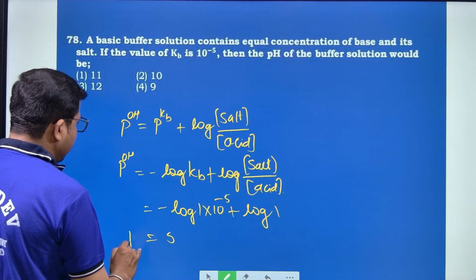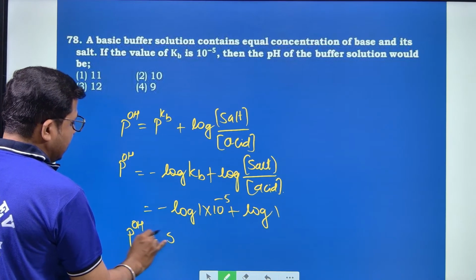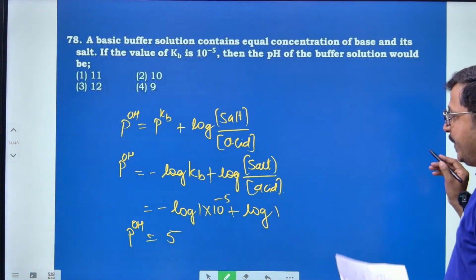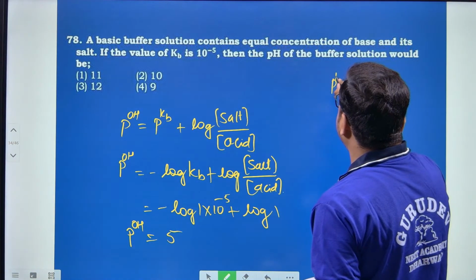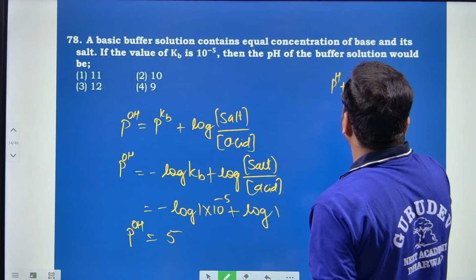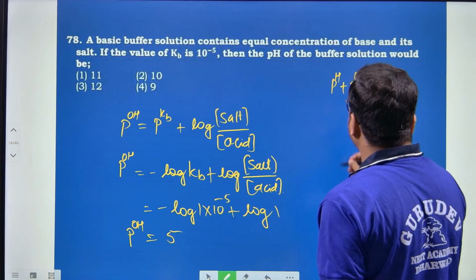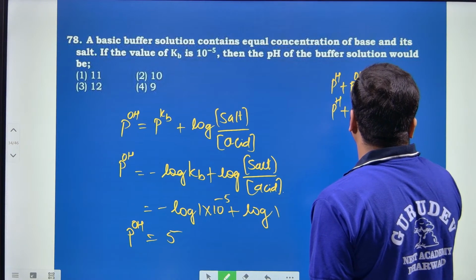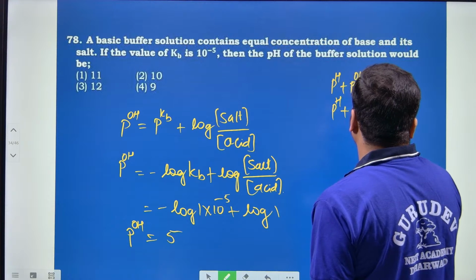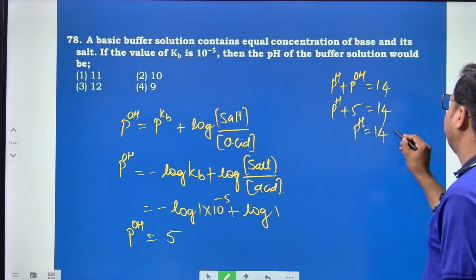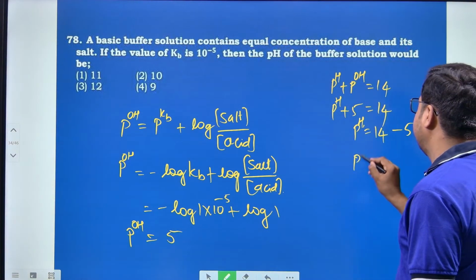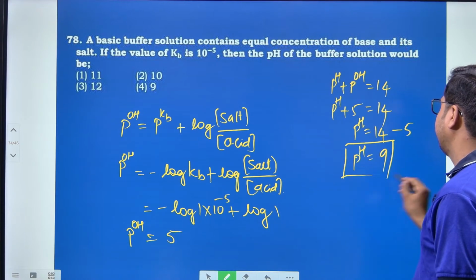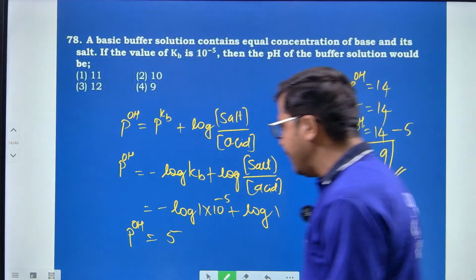So pOH is 5. Let's calculate the pH. pH plus pOH is equal to 14, so pH plus 5 is equal to 14. So pH is equal to 14 minus 5, that is pH is equal to 9, right? pH is equal to 9.